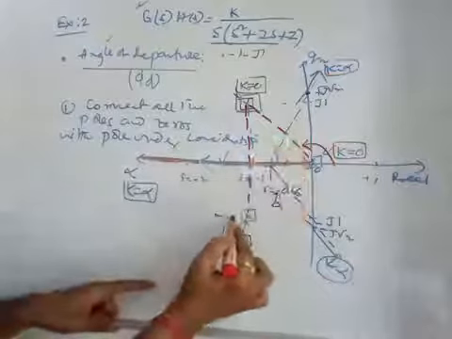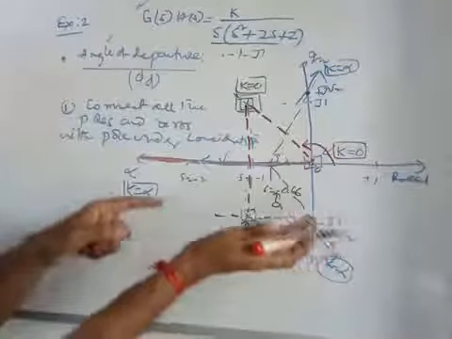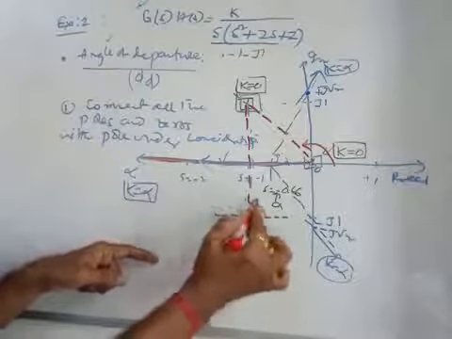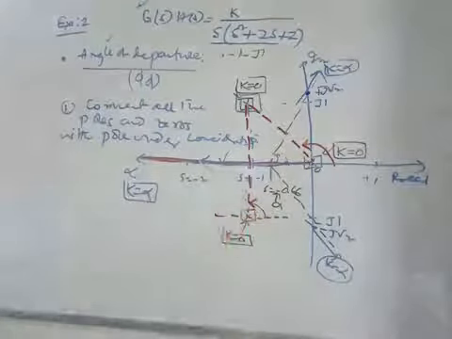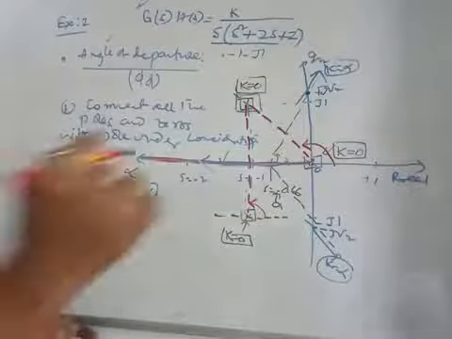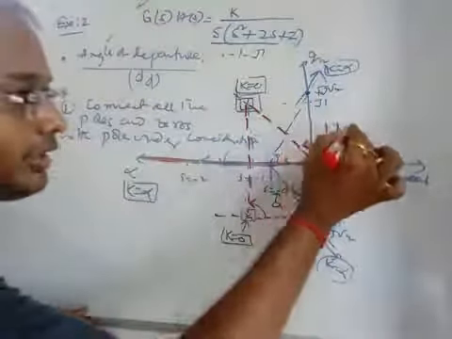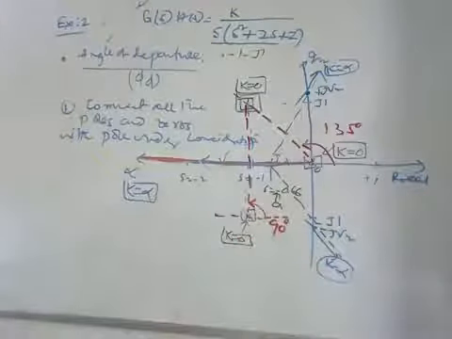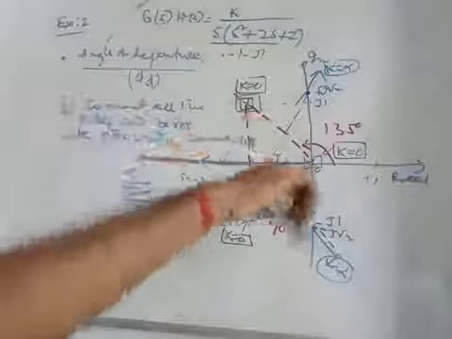And here also, you just make a horizontal line passing through this pole and make an angle. This is 90 degree. Okay, so what are the different angles you see? This will be 135 degree and this will be 90 degree.